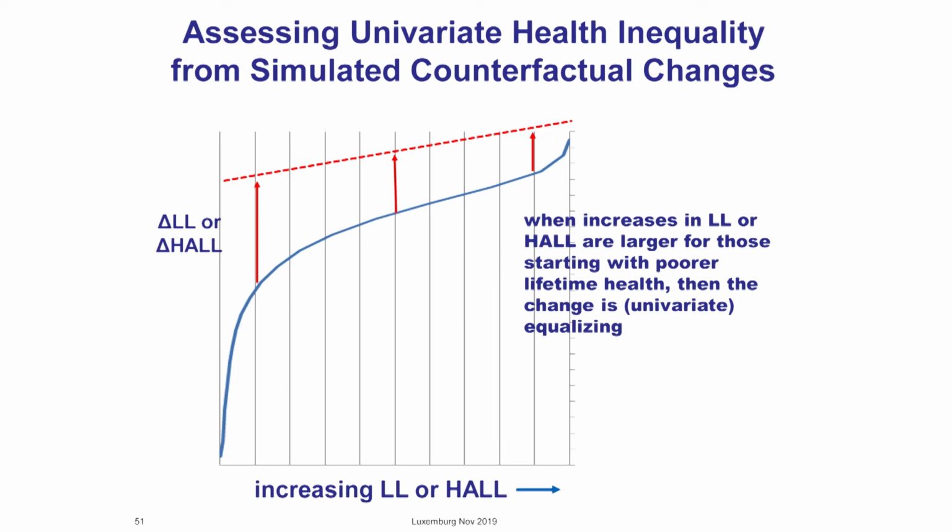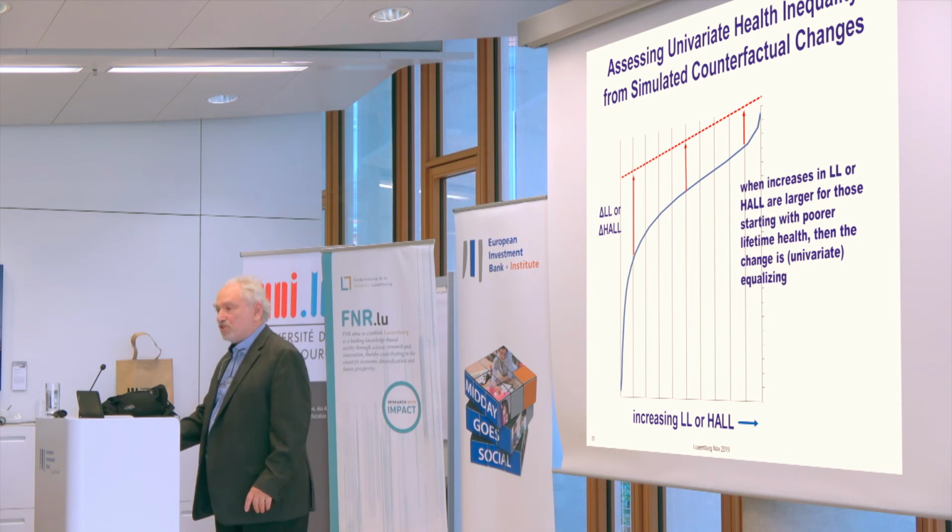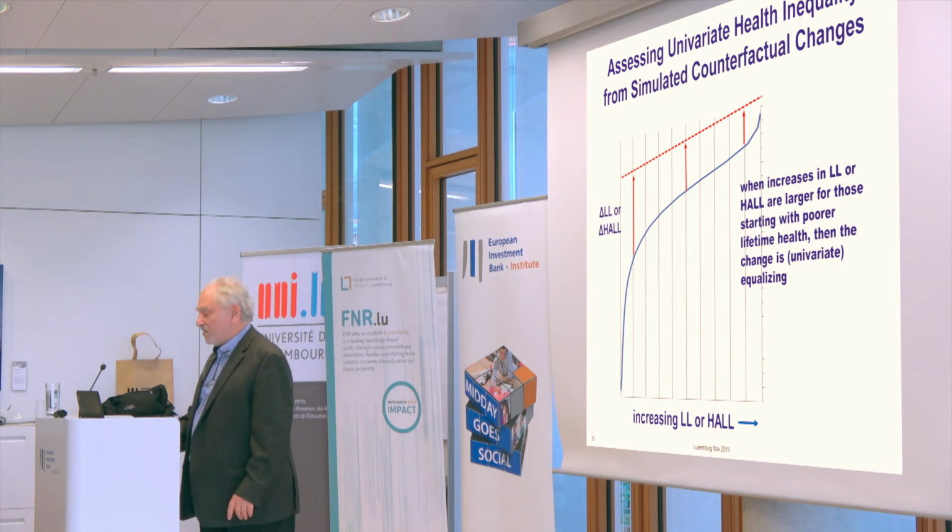We've sorted individuals by either their LL or their HALL and divided them in deciles. So if things go up more for the people who have the yuckiest health over their life course than they do for people who have good health, that's an equalizing change in univariate health inequality.